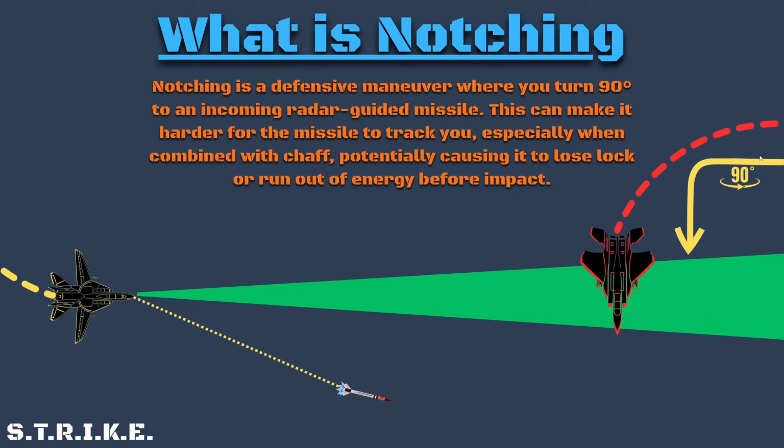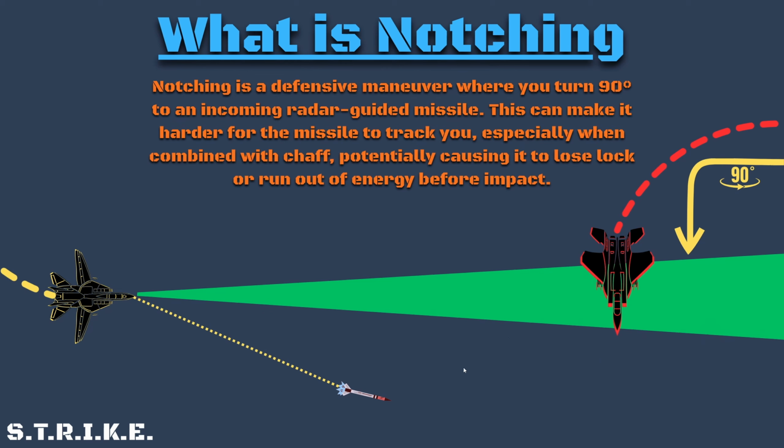So in our example here, we're going to assume this guy caught this guy, locking him up, and he went ahead and turned into the notch directly 90 degrees to his missile. The missile is predicting in front of him, so you have to adjust.